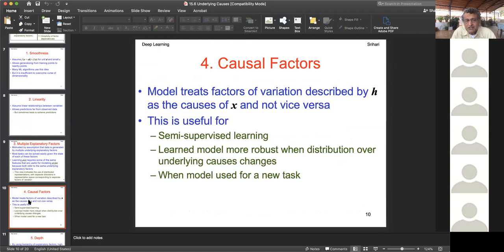The model treats factors of variation described by H as the causes of X and not vice versa. Okay, causal factor says the hidden units are capturing the causes of the observed X and not vice versa. It is because the person is wearing glasses that you are seeing this image. It is because the person is male that you are seeing this image.